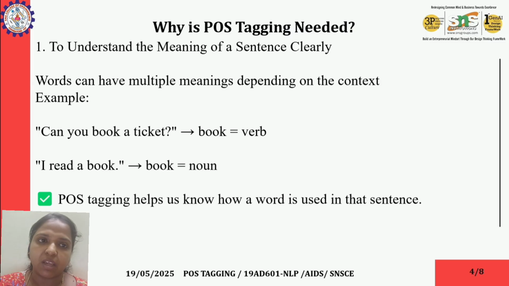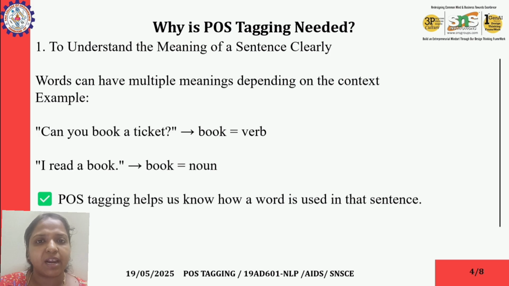I can give you another example. You can see in the PPT: can you book a ticket? In the first sentence, book is a verb. In the second, I read a book, book is a noun. So the same word has a different meaning when it acts as a verb and when it acts as a noun.